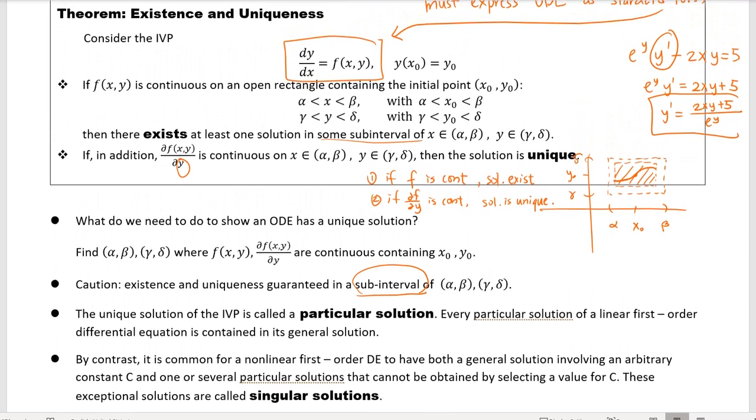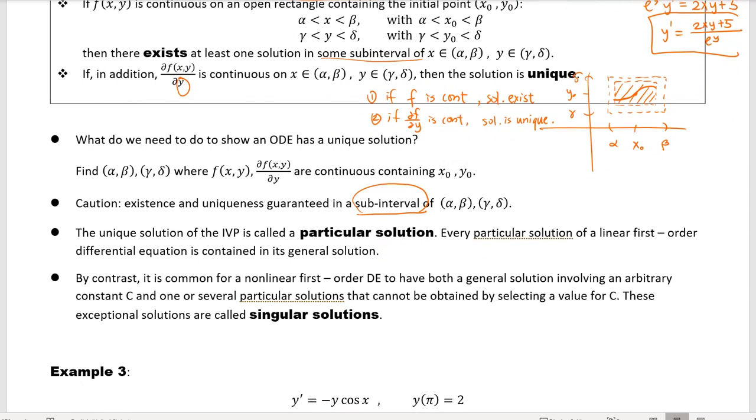If the ordinary differential equation is not linear, then we can have a group of solutions in a particular form with a constant C, so we can still call it a general solution, even though it does not include all the possible solutions, because a lot of solutions appear in this format.